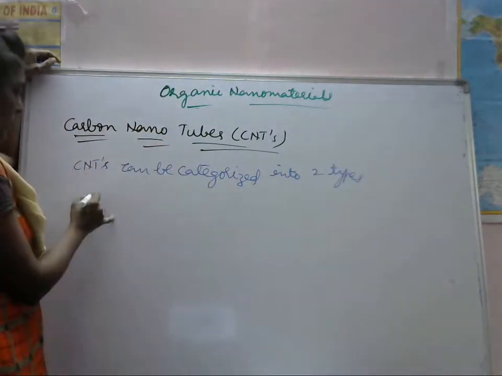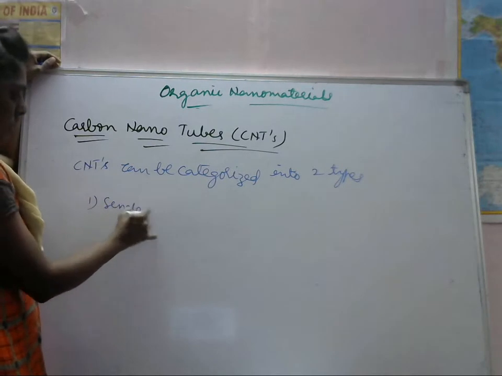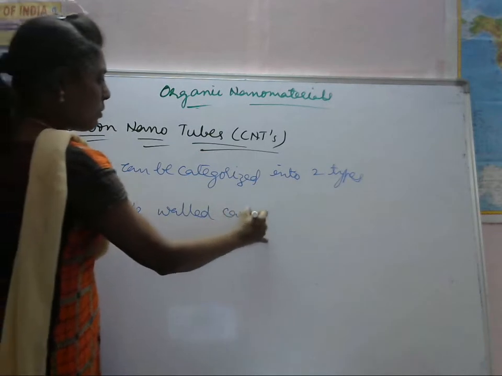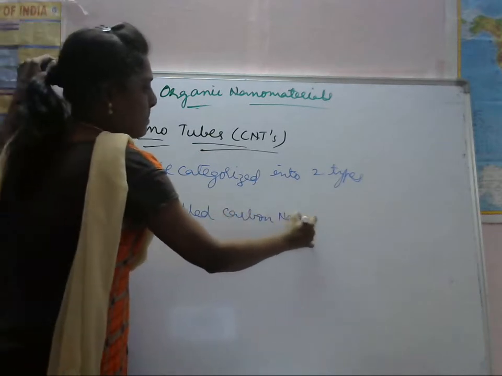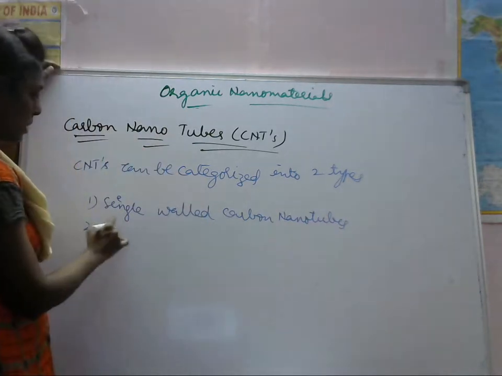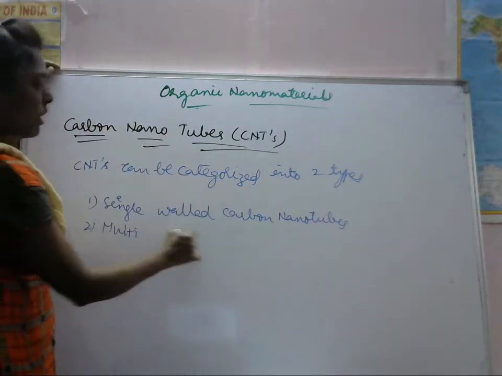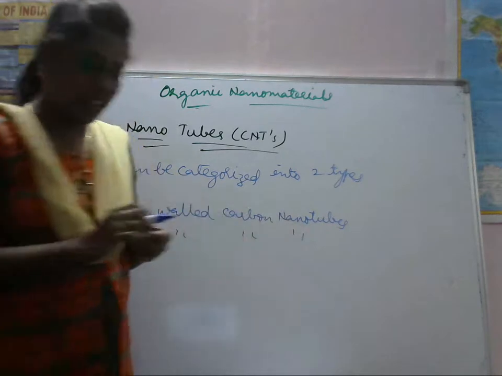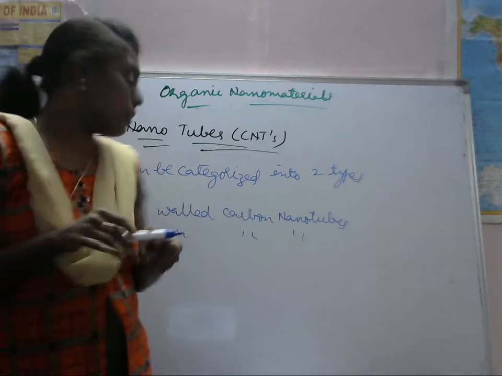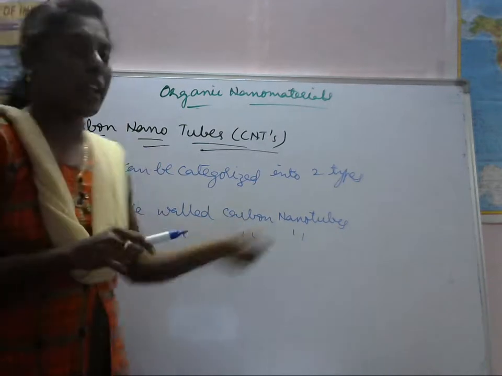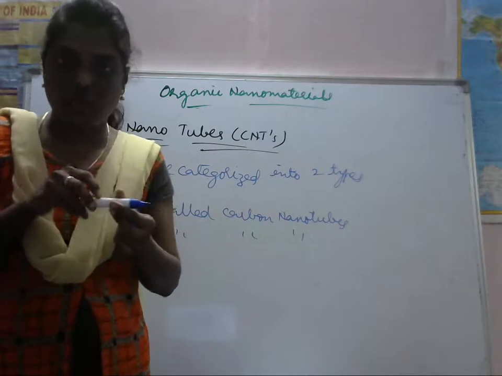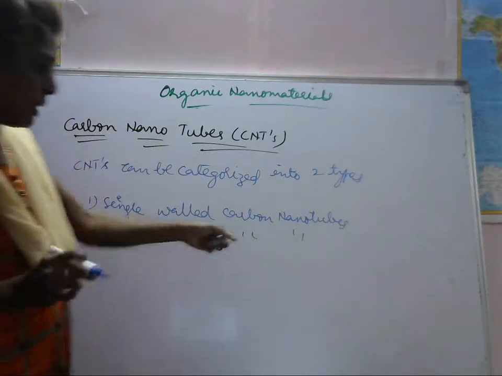The first one is single-walled carbon nanotubes, and the second one is multi-walled carbon nanotubes. If it is a single sheet, it is a single-walled carbon nanotube.